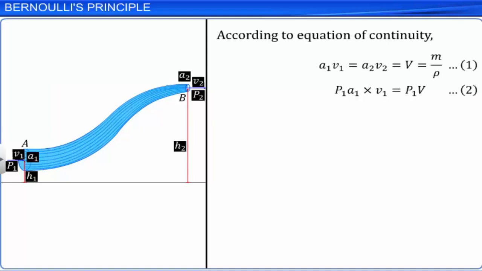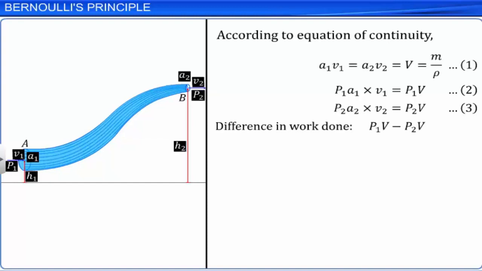Similarly, the work done per second on the liquid element against the force due to pressure at B is expressed as P2A2V2, which is equal to P2V. Let this be equation 3. The difference in the work done on the liquid element in moving from A to B is expressed as P1V minus P2V. Let this be equation 4.